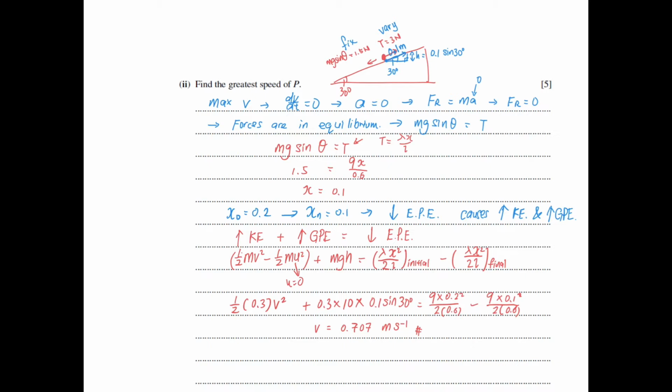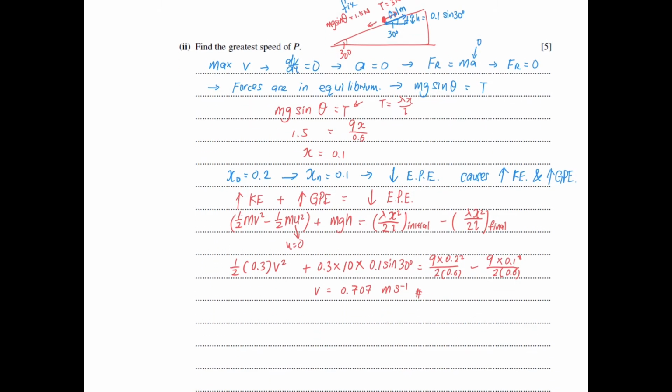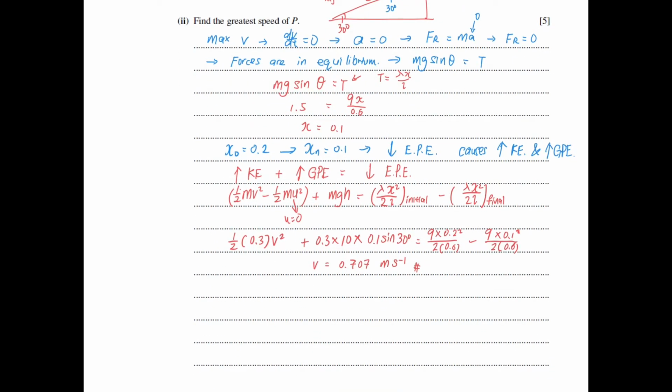Okay, so can't find any, but just for your information, okay, I just put it here. Extra information: if let's say the inclined plane is not smooth, then we will have work done against friction.